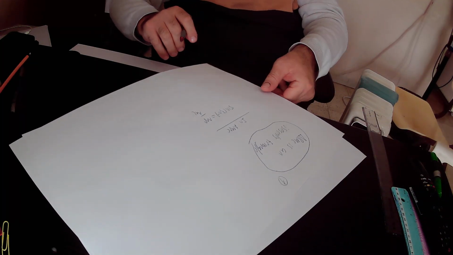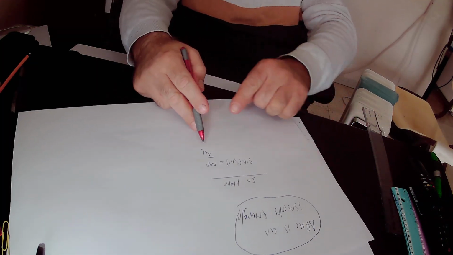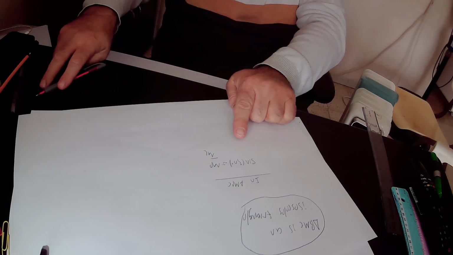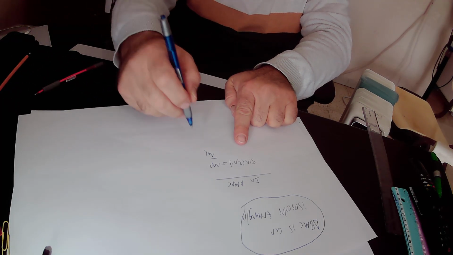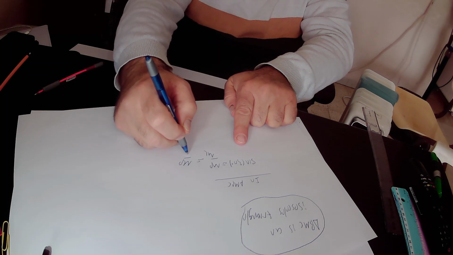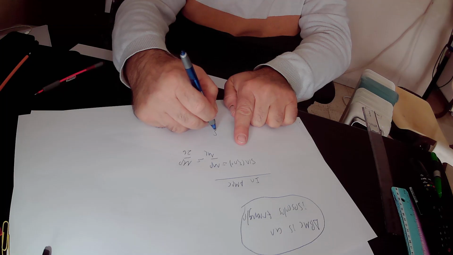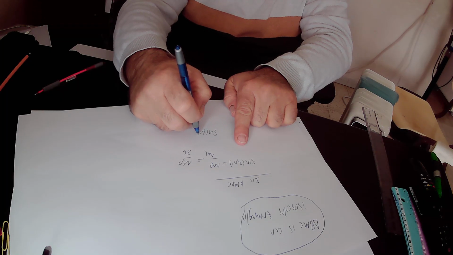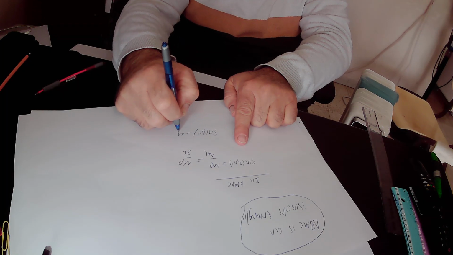Here we substitute MC by 2B, so sine 40 degrees equals MP over 2B. So in total, we found that sine 40 degrees equals MP over 2B.